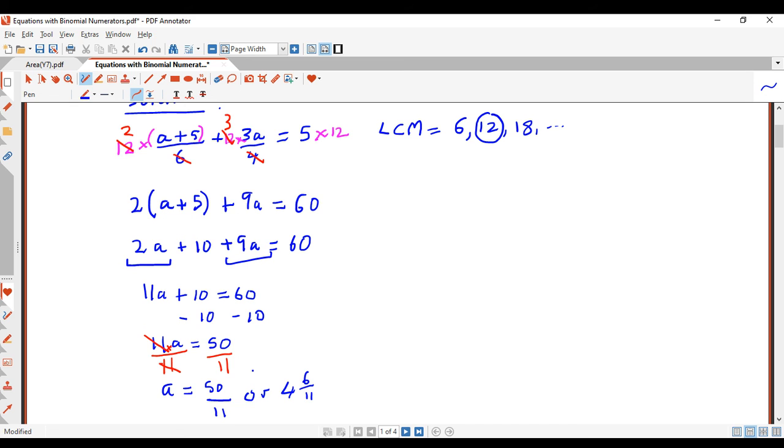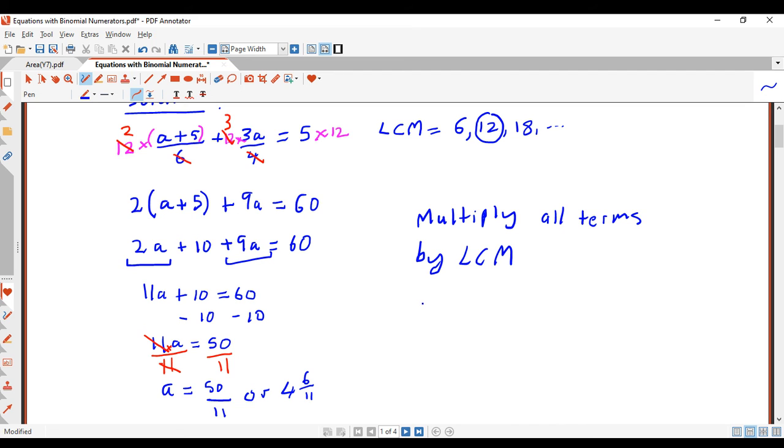Okay, so just recapping those steps: step number 1 is to multiply all terms by the LCM, the lowest common multiple of the denominators.